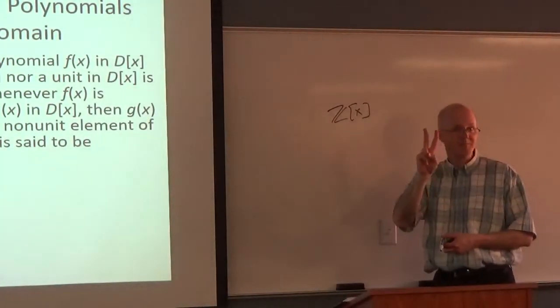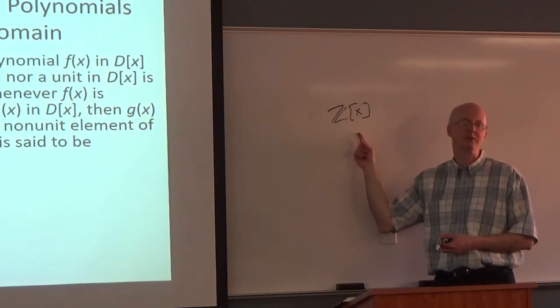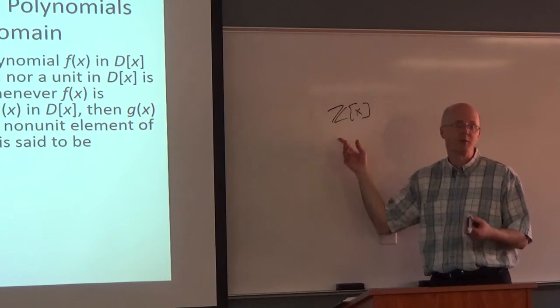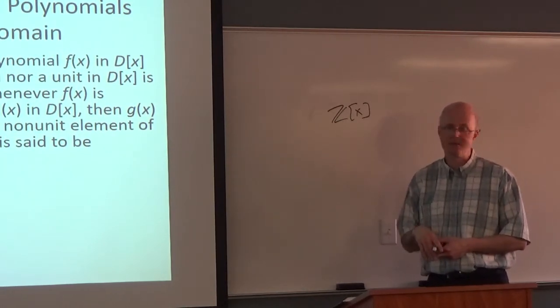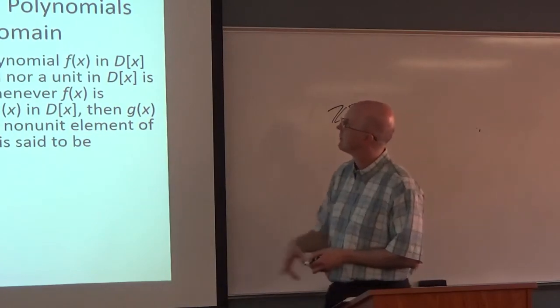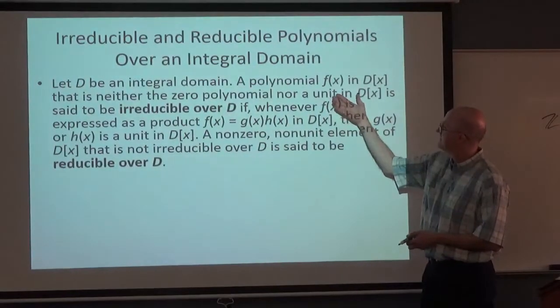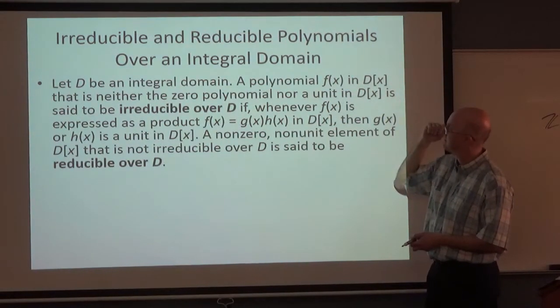There are only 2 of them, plus or minus 1. The constant polynomials plus or minus 1 are the only units in Z of x. They're the only things that have multiplicative inverses. They're both their own multiplicative inverse. Nothing else is a unit. So if D is Z, we're talking about non-zero polynomials that are not plus or minus 1 either, but they can be anything else.